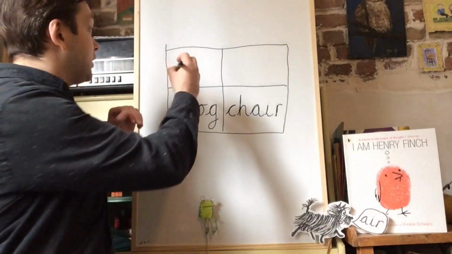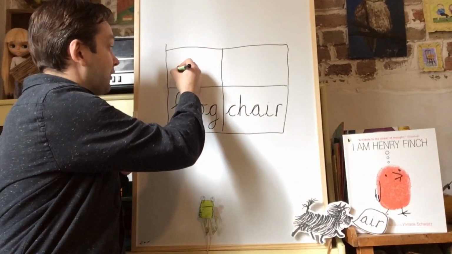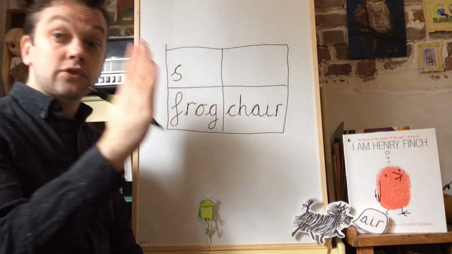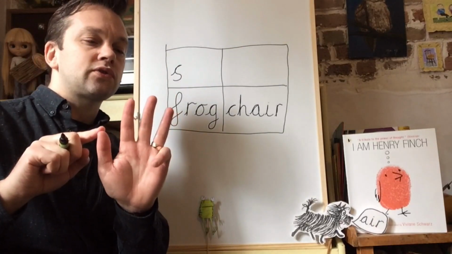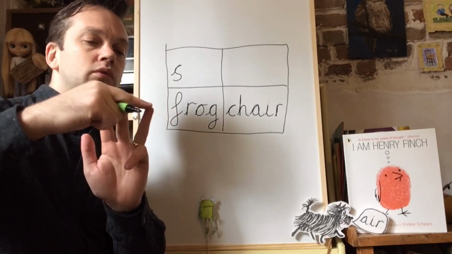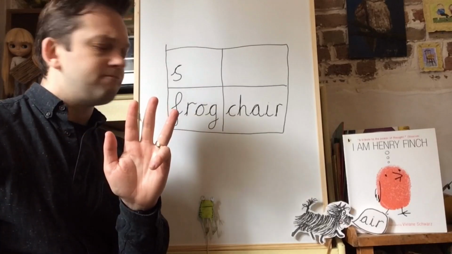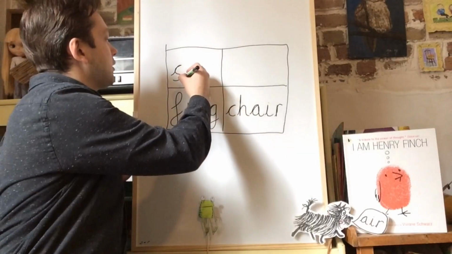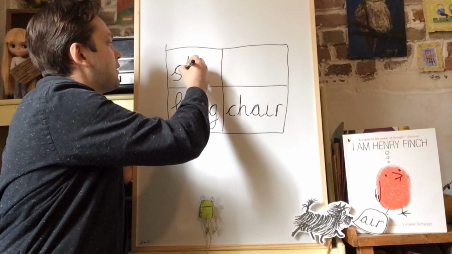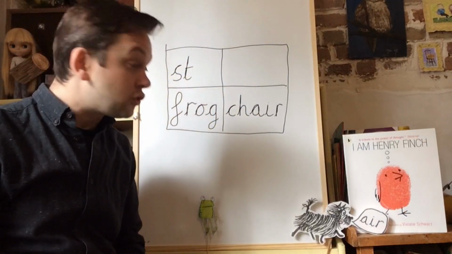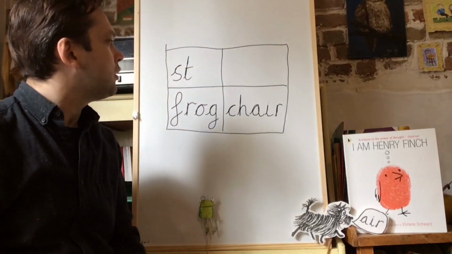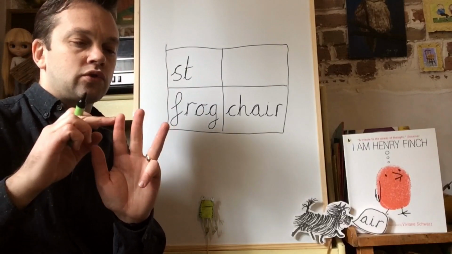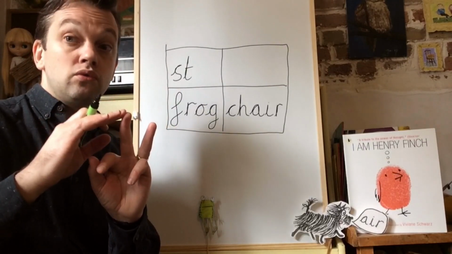S. First sound, the letter S makes the sound S. T. Letter T makes the sound T. St. Ooh.